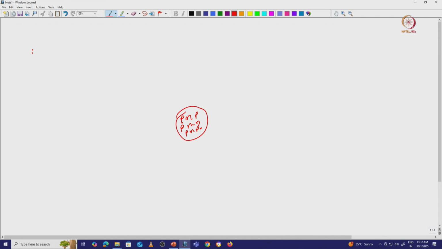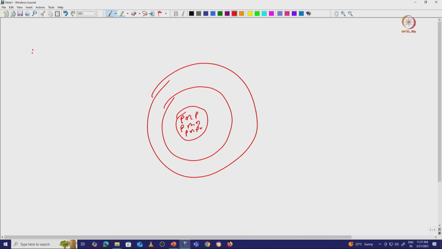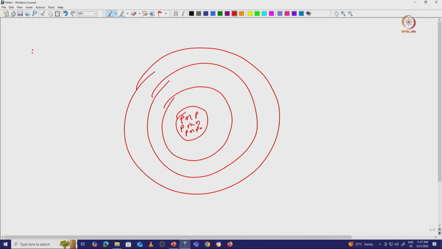So, if we consider this the nucleus and this our first orbital, then there is a second orbital and then a third orbital, and electrons will be everywhere. If we just consider the s orbital, p orbital and d orbital, I am not trying to fill in all these orbitals, because then it will be very difficult for me to draw the scattered and unscattered electron beam.